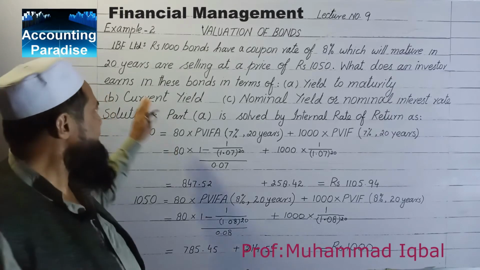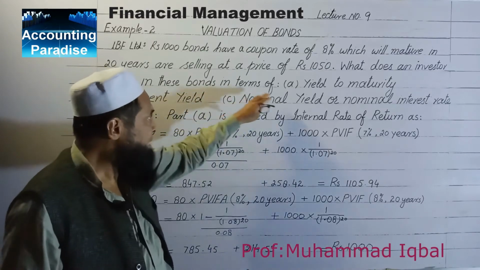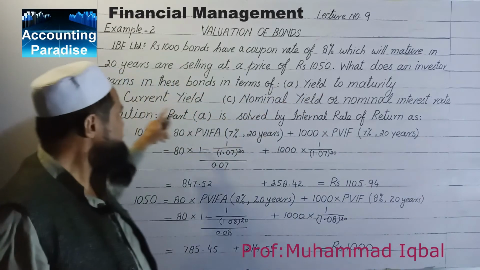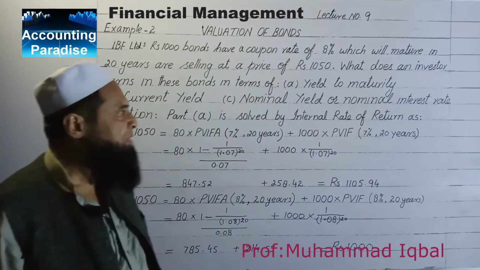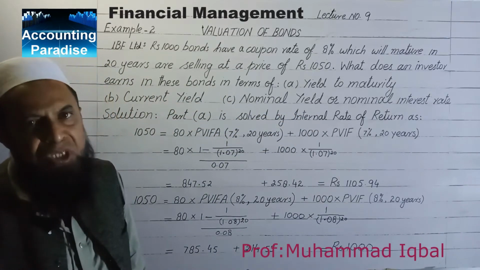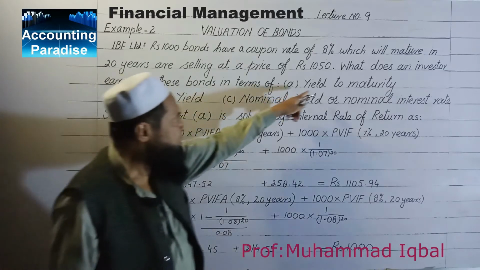What does an investor earn in these bonds in terms of yield to maturity, current yield, nominal yield or nominal rate of interest? This we have to calculate. The first is yield to maturity.